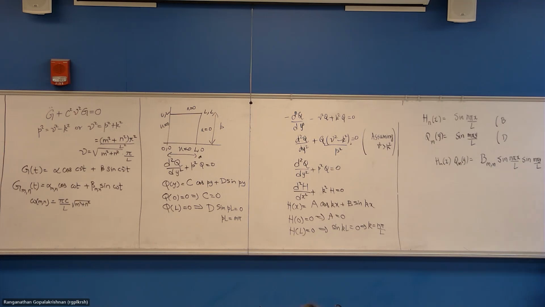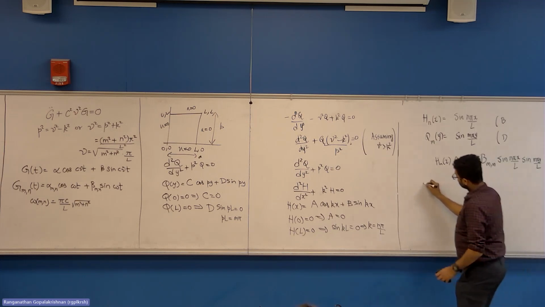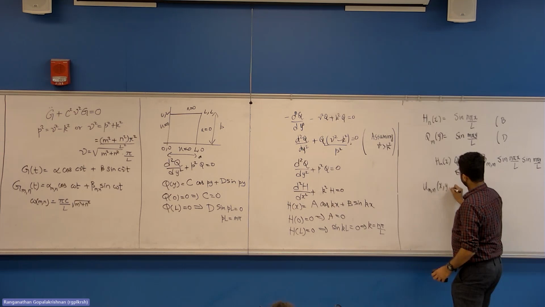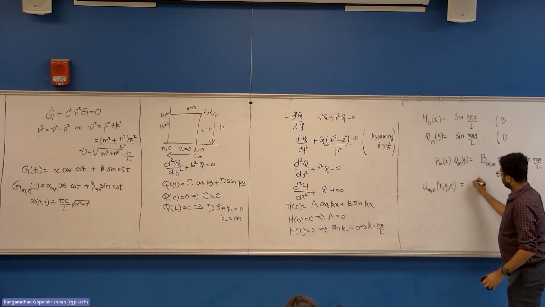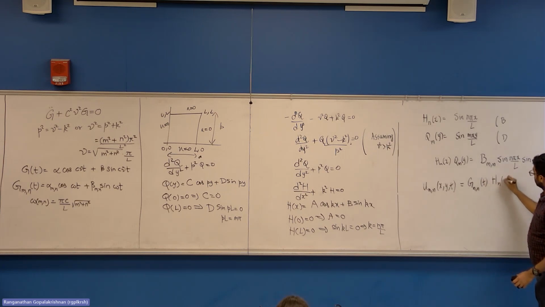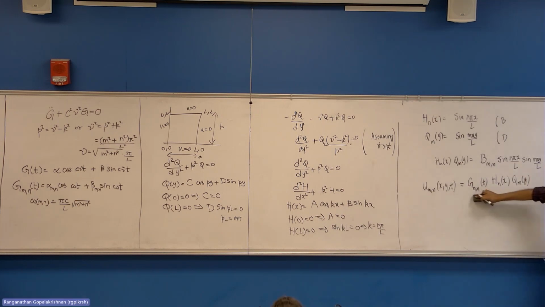All right. So now to construct u of m comma n, x comma y comma t, we would need to multiply g of m comma n of time times h of n times q of m times y. And since this function already has two arbitrary constants, I'm not going to consider them separately.